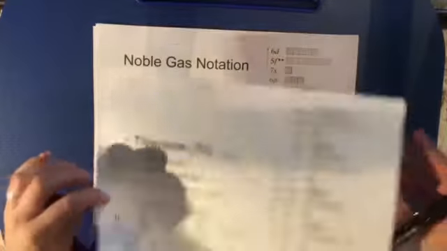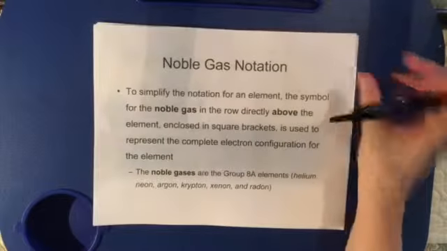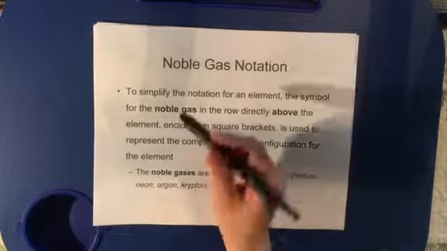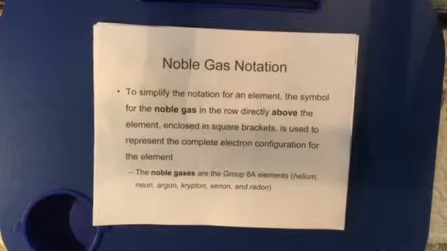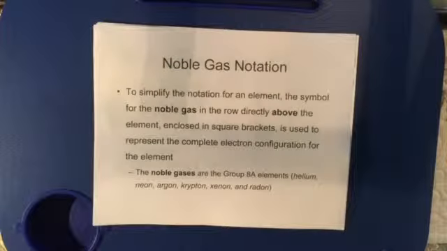So notice that this can get pretty tedious here. Noble gas notation is a way we simplify this. And so basically what we do is we look at the noble gas in the row directly above the elements. We enclose that in square brackets and then represent that as the electron configuration, and then just do everything after that.